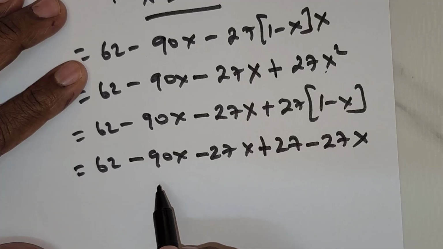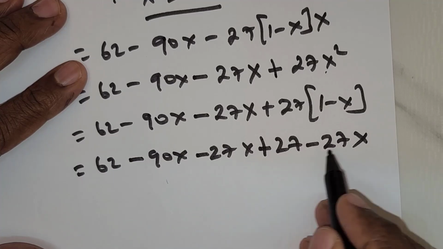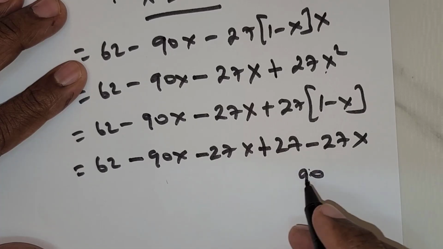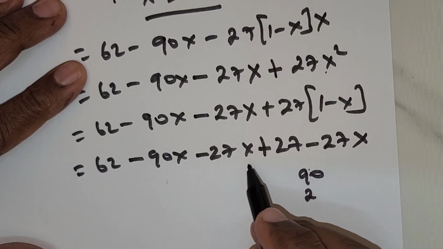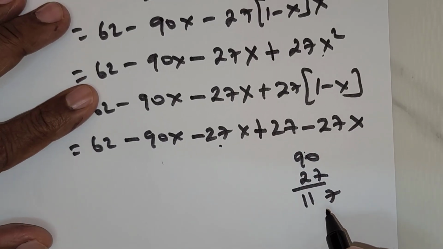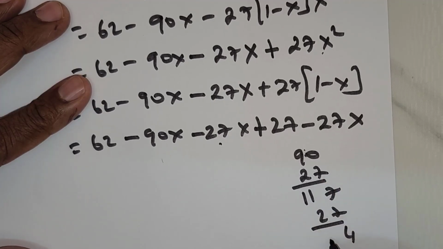Now what we can do is add up all the x's. So 90 added with 27 is 117, and again 27 gives 144.